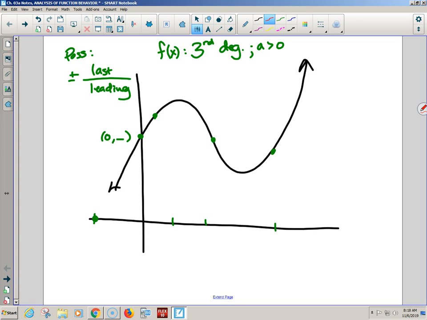But in calculus, what can we do? Do you notice anything special as far as a derivative and tangent lines that's occurring at the high and lows? The slope is 0. Oh.